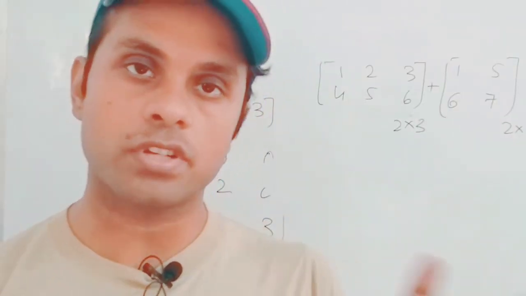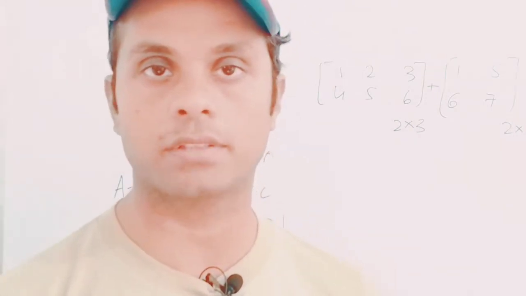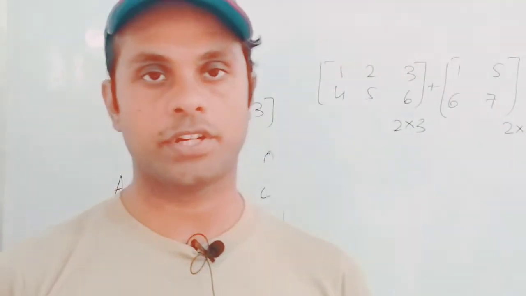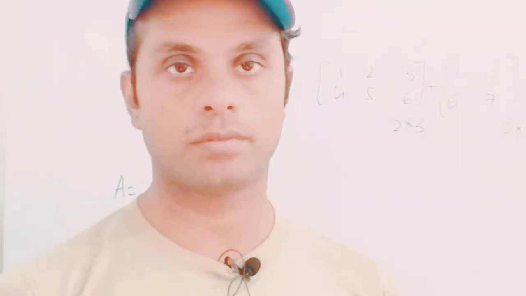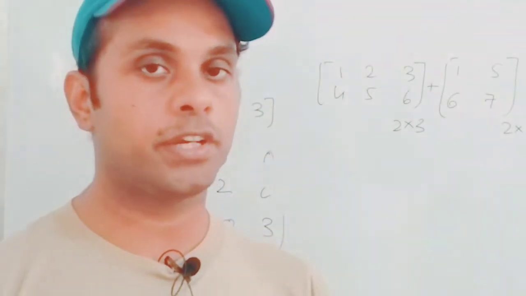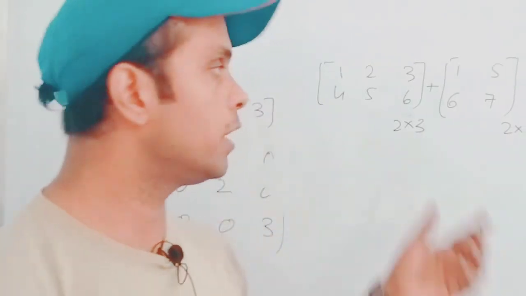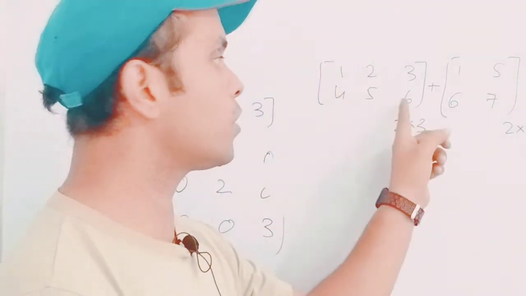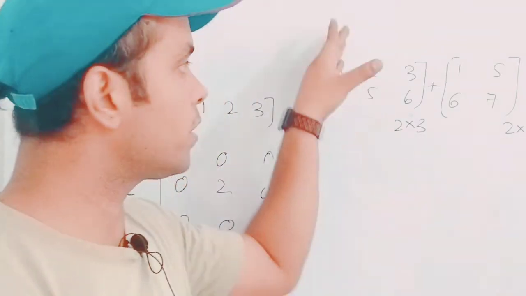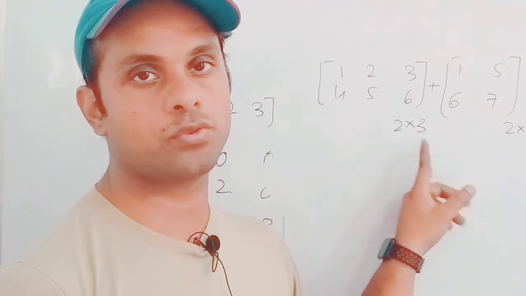What is the order of a matrix? If you didn't watch the first video, in the first lecture I explained the order of a matrix. I would like to repeat it again. Order of a matrix is basically number of rows by number of columns. Horizontal arrangement is number of rows and vertical arrangement is number of columns. So in this matrix there are two horizontal rows, so number of rows is 2, and there are 3 vertical arrangements, so number of columns is 3, so order is 2 by 3.